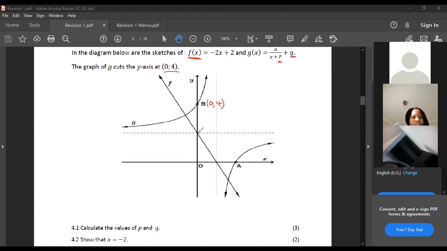I noticed that the y-intercept of the straight line will give me the y-asymptote, and the x-intercept of the straight line will give me the x-asymptote. So what do I need to find? I need to find the y-intercept and the x-intercept.